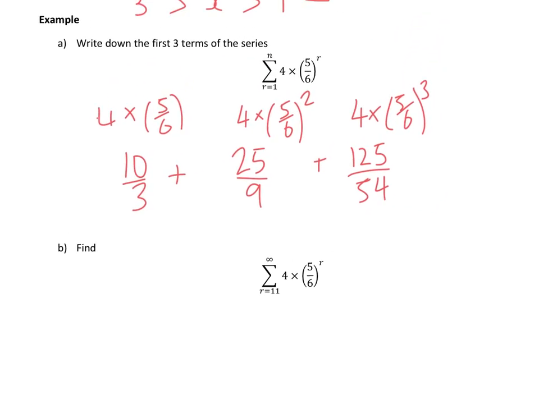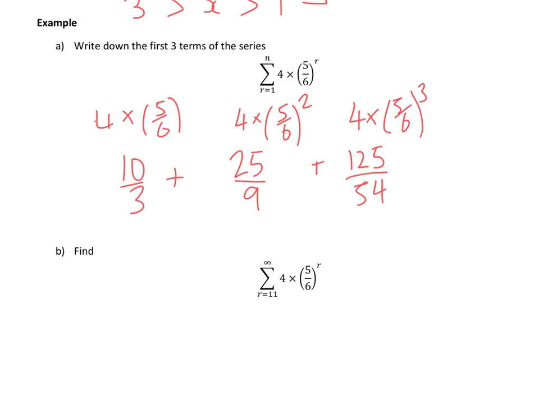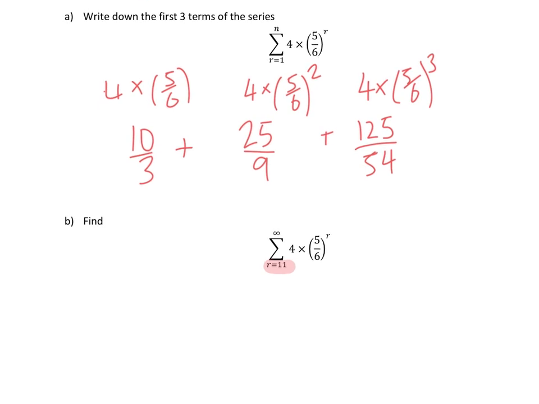Part b says find the sum from r is 11 to infinity. Again, there are 2 ways I could do it. Instead of starting at 11, I can start off with 1, so I go from 1 to infinity and take away the numbers I included, so that's 1 to 10, S10.